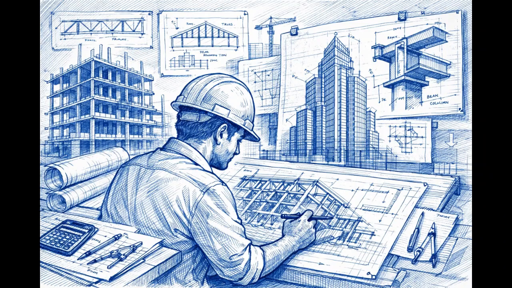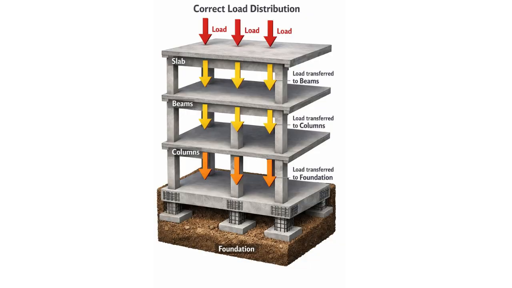Engineers carefully decide the correct size, shape, and arrangement of beams, columns, slabs, and foundations. The third reason is correct load distribution. Loads are transferred safely in a proper sequence, from slabs to beams, beams to columns, and columns to the foundation.